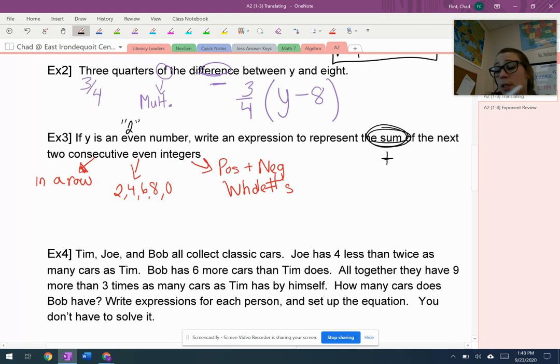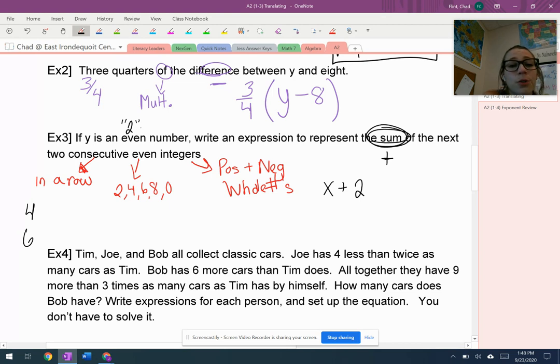So if 2 is the number I'm starting with, the next consecutive even integer after that would be 4, followed by 6. What do I need to do to 2 in order to get it to 4? 2 plus what gives me 4? 2. So x plus 2 would get me the next consecutive integer.